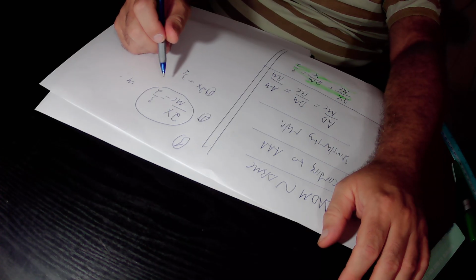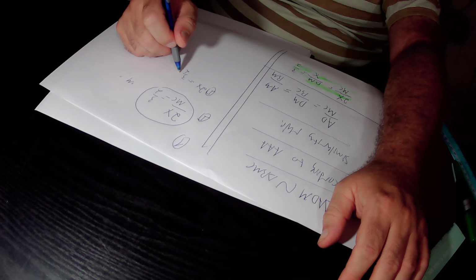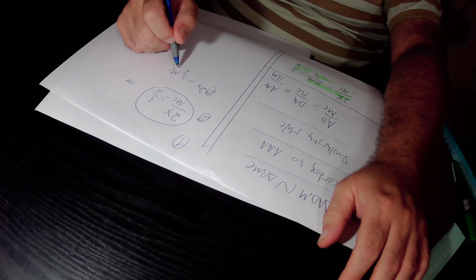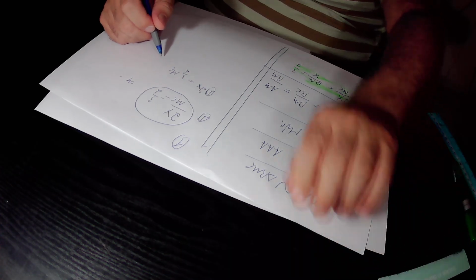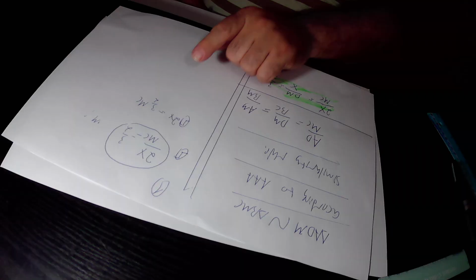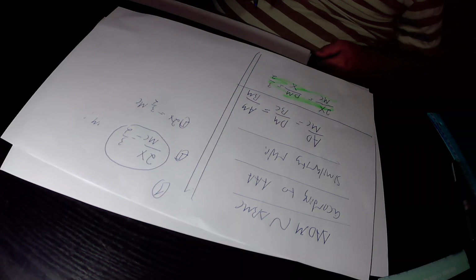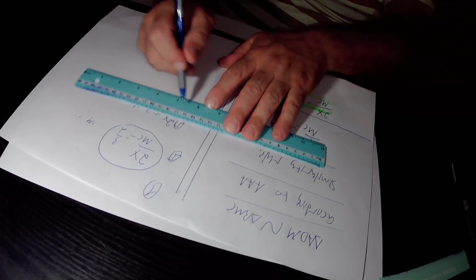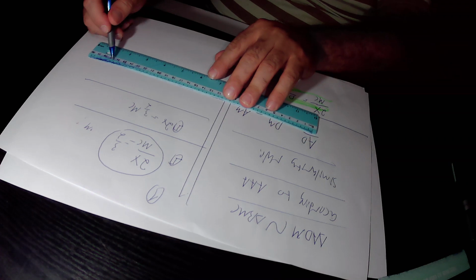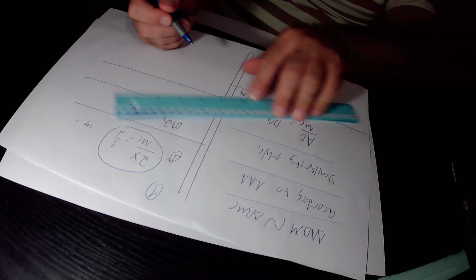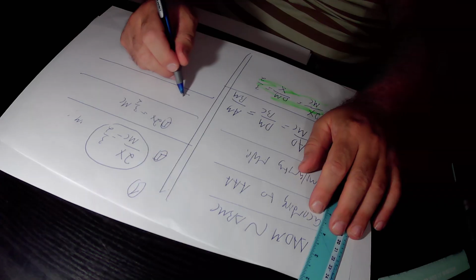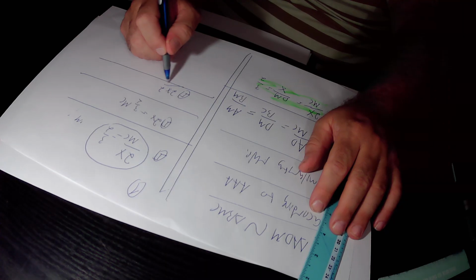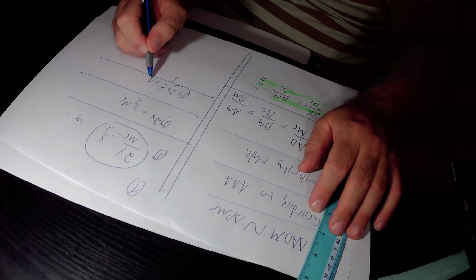Again, 2x equals 3/2 times MC. Here we multiply this equation by 2 and we divide it by 3 simultaneously, and we get that 2x times 2 over 3 equals MC.